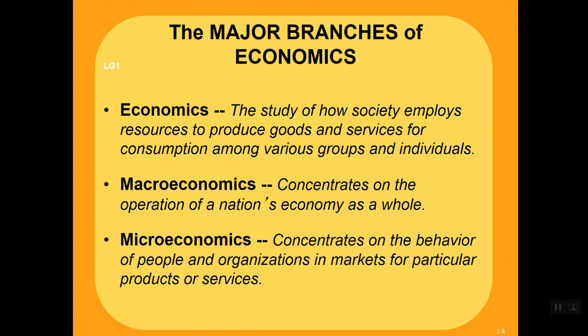In other words, the nation's economy as a whole. Microeconomics concentrates on the behavior of people and organizations in markets for particular products and services. So macro is the big picture, micro is the smaller segments of that big picture. We'll be taking a look at examples of both here as we study Chapter 1.